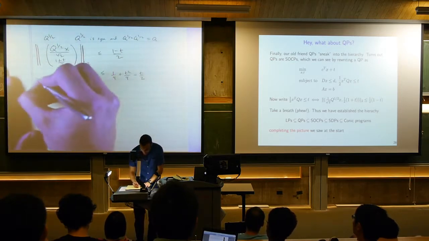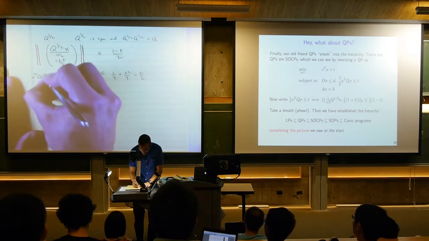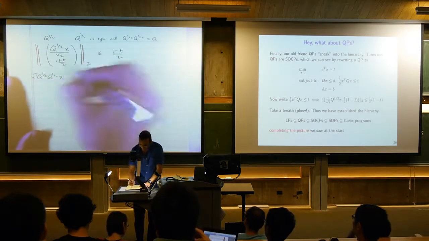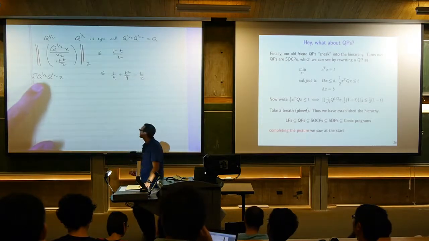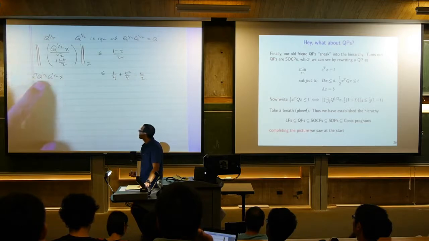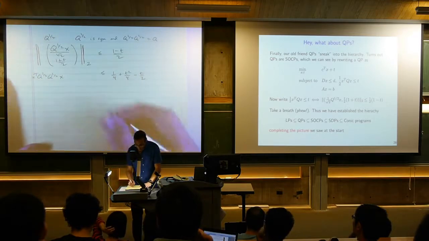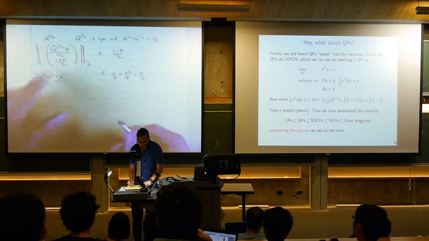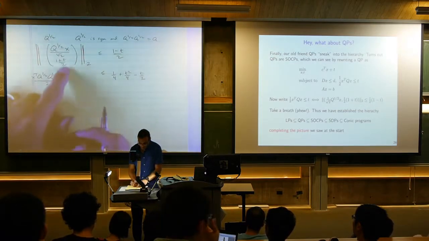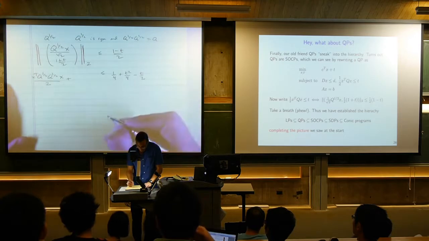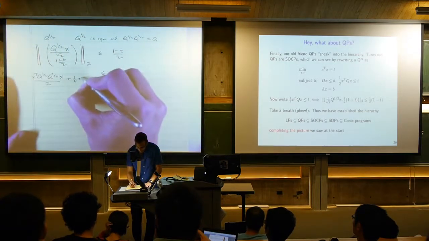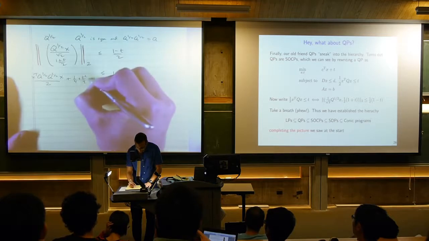So then I get x transpose Q to the half times Q to the half times x. Here I've used the fact that Q to the half is symmetric. This would usually be x transpose times Q to the half transpose Q to the half times x divided by 2. That's this bit transpose itself, and then from this I just get 1/4. It's just this squared, right? 1/4 plus t squared over 4 plus t over 2.